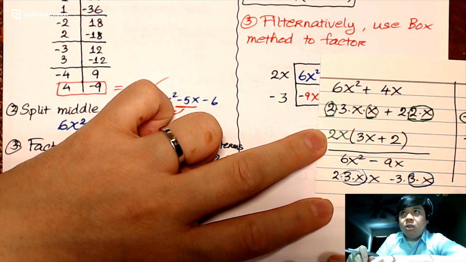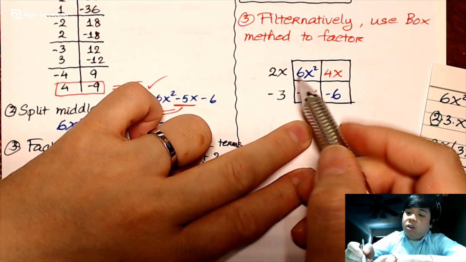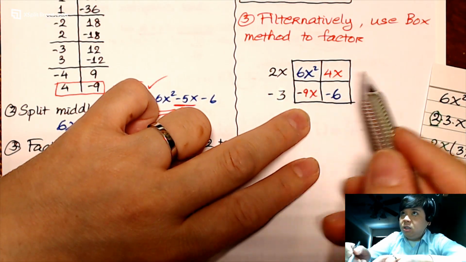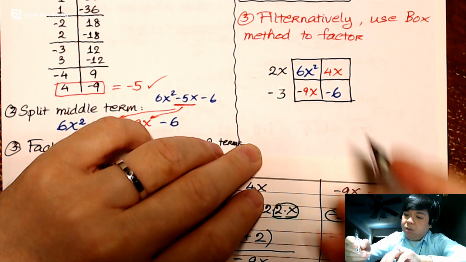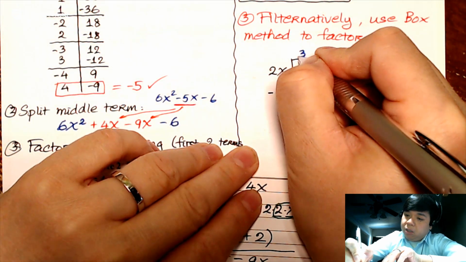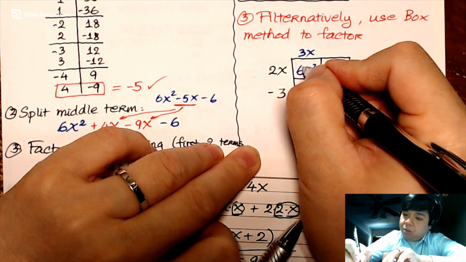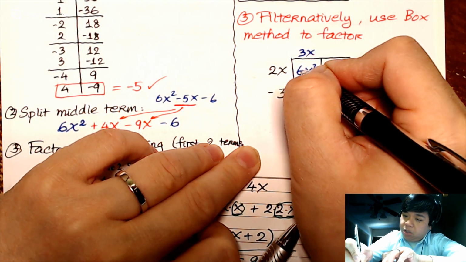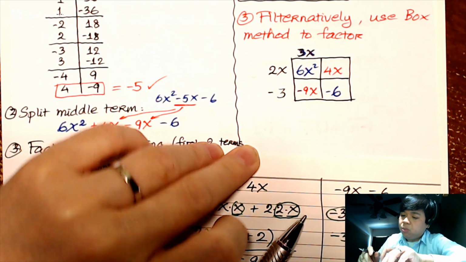We're not going to choose the negative sign. We only choose the sign that goes with the one on the left and the one on the top. We'll see that later. But now they have the 3x in common from those two. The sign of course goes with the top. So 6x squared is positive. So that's why I choose positive 3x.